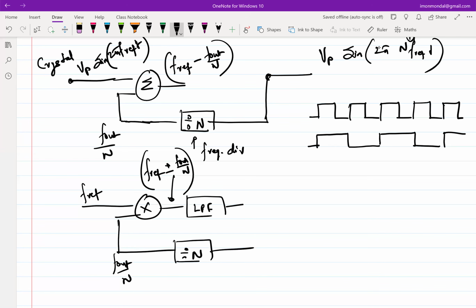So we put an LPF at f_ref minus f_out over n, where f_out is the desired frequency of interest, obviously. Otherwise, there's no point. Which means in this case, your desired frequency of interest is n f_ref, right? Which means your LPF should have a bandwidth of what?